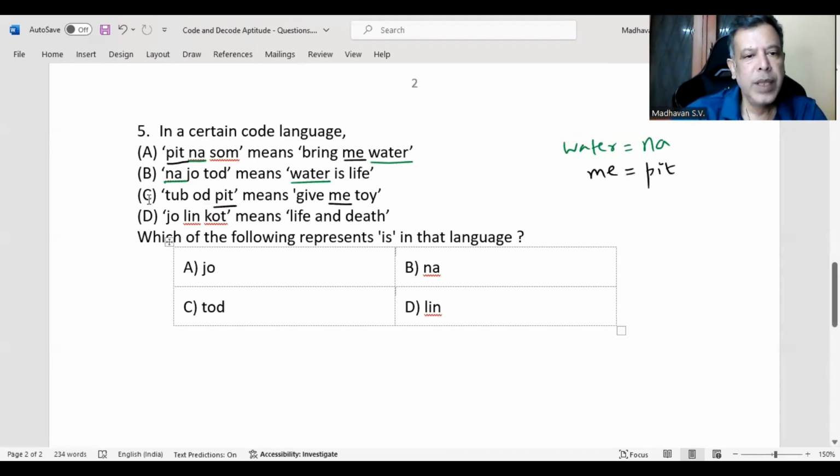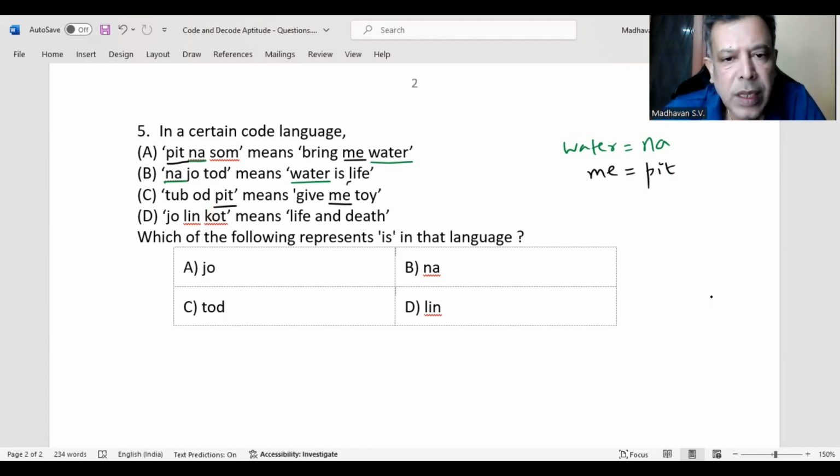Then B and C, if we compare na jo Todd, water is life, and Jo Lin caught, life and death, we can identify the common word as life, and in this case the common word is Jo, so life will be Jo.